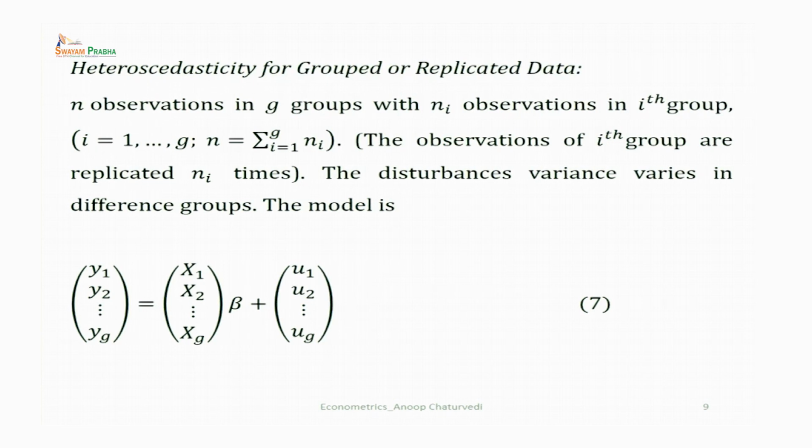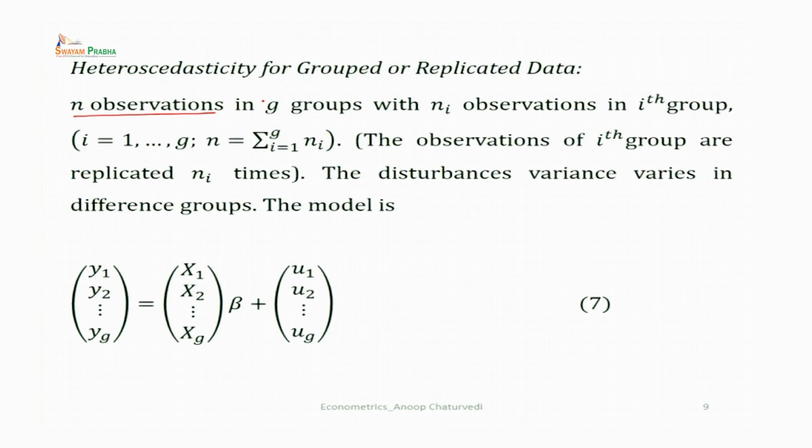Now, we consider the grouped or replicated data and the problem of heteroscedasticity for grouped or replicated data. So, suppose we have n observations on G groups. So, basically these n observations are divided into G groups.